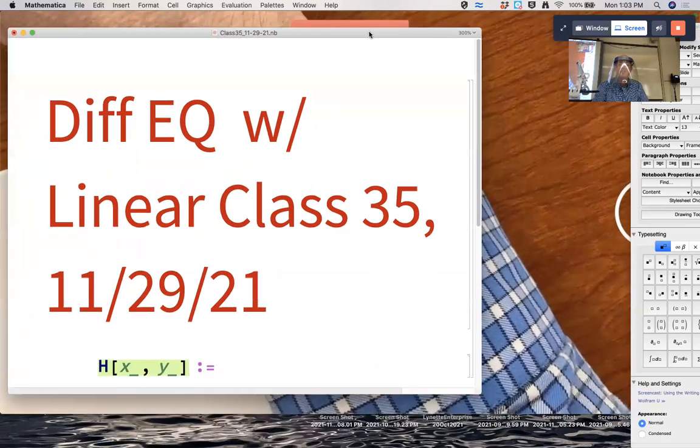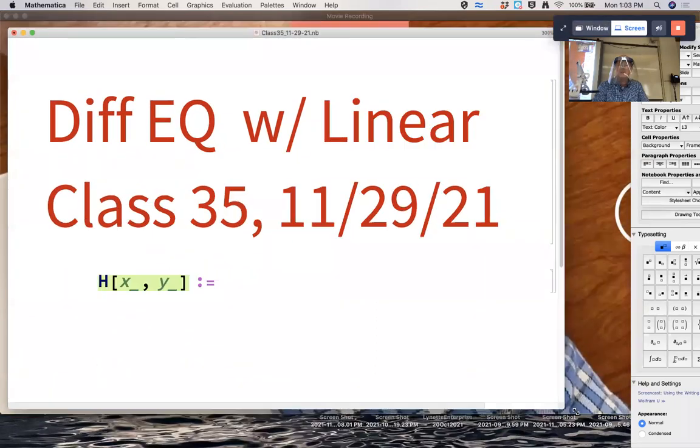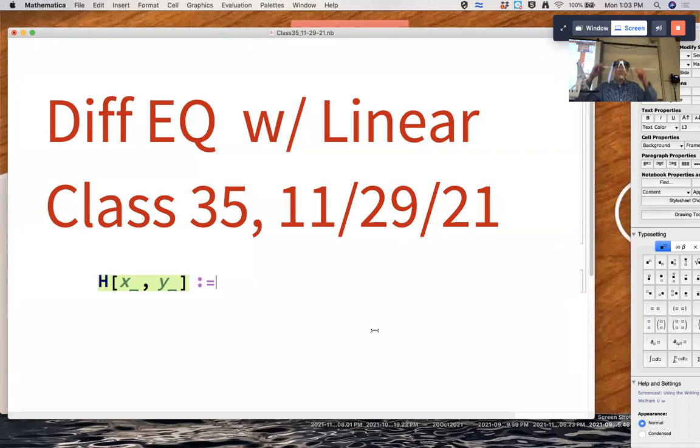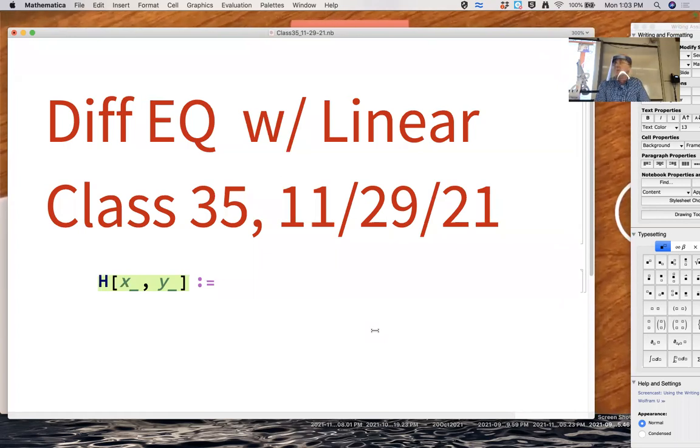In many real life models, H represents the total energy, kinetic plus potential. One model that's discussed is a mass on a spring with no friction. Another model is a pendulum with no friction. You can create Hamiltonian functions representing total energy in those situations.